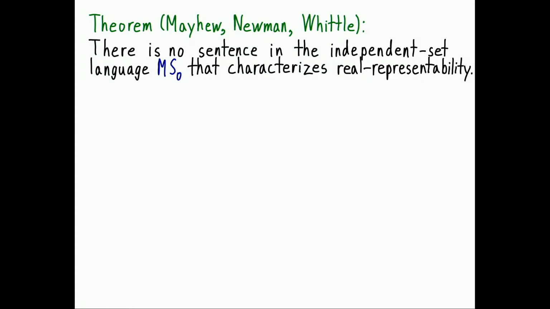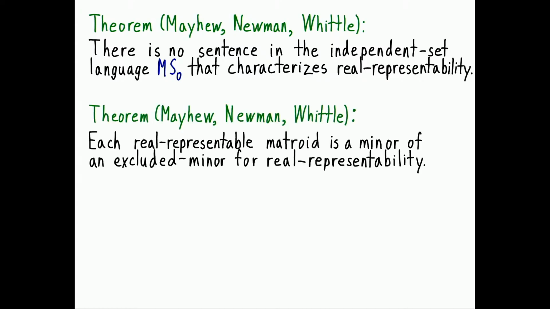And matroids have a minor operation I'm not going to go into. But Mayhew, Newman, and Whittle also showed that, in some sense, the obstructions to real representability are just as complicated as the real representable matroids themselves.